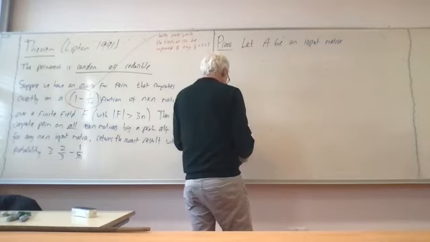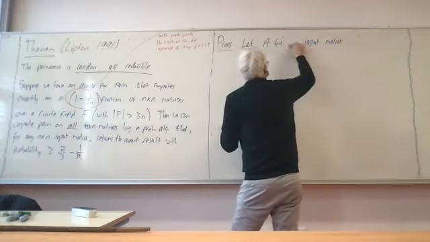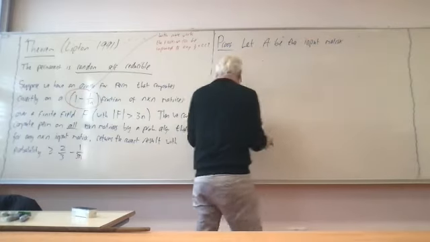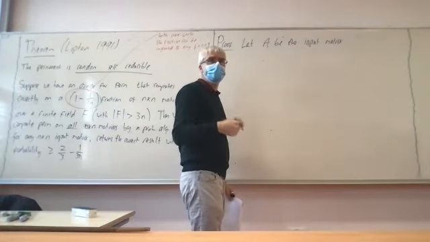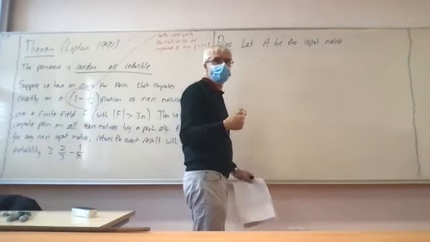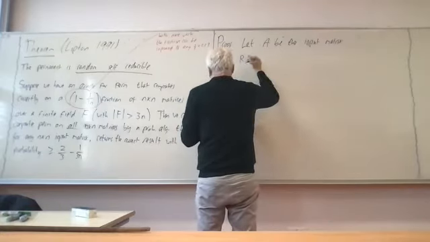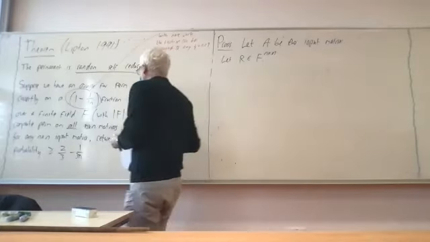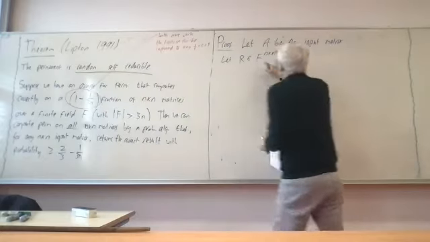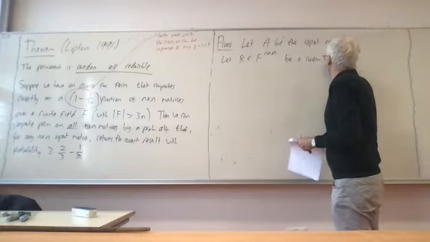Let A be the input matrix. And the probabilistic algorithm is going to do the following. We choose a random n by n matrix R over the field, chosen uniformly.